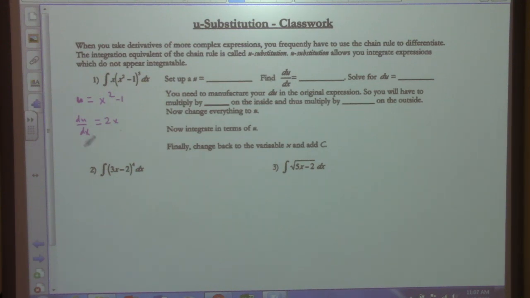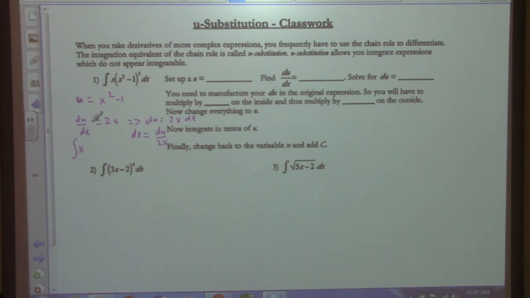Okay. So here we have x, and then du is equal to, if we multiply this here, du is equal to 2x dx. And what is dx equal to? du over 2x.